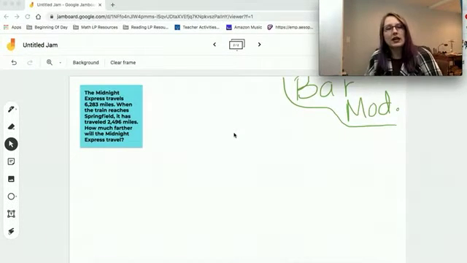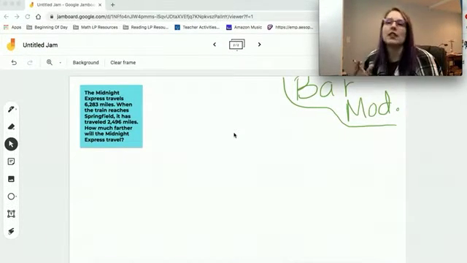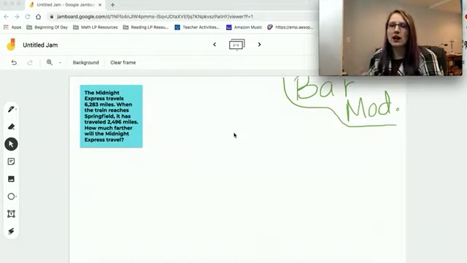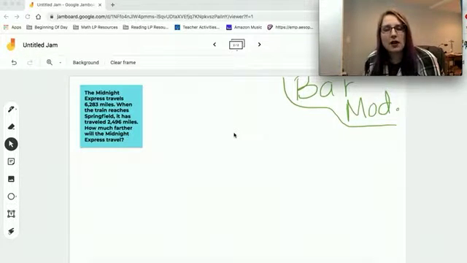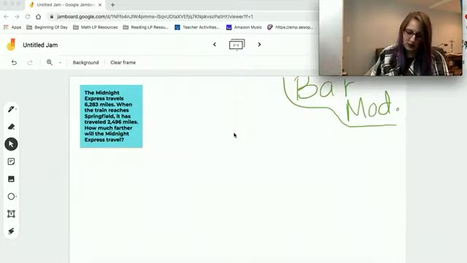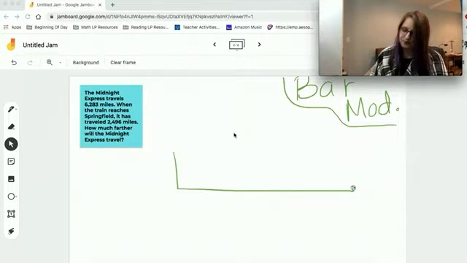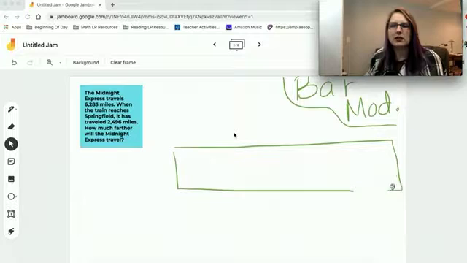One way we can solve this word problem is we can try out the bar model, which is something that we have talked about before. To use a bar model, what you need to do is draw a bar or a rectangle. I'm running out of room here, but that's okay.